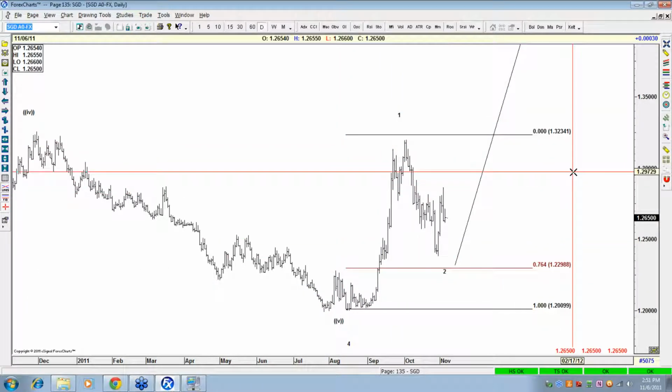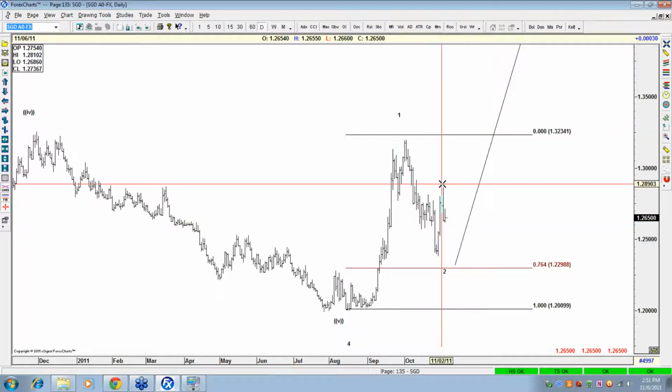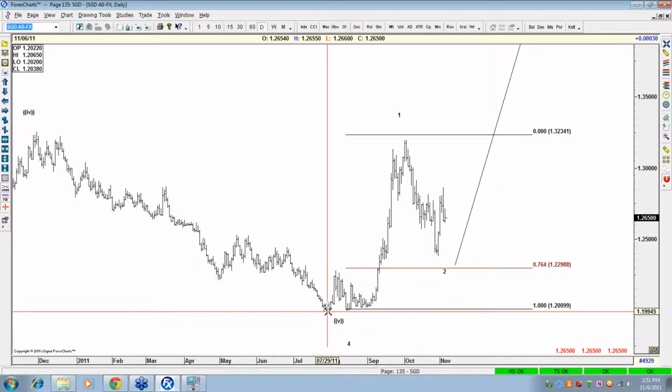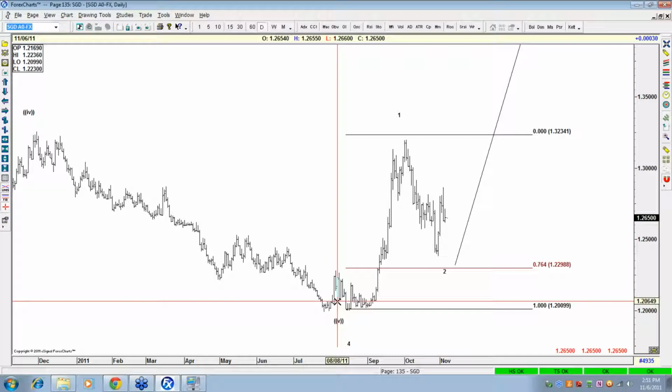The only thing that can happen is that this is A and we are in a flat, and then it's going to go to 123. But I think that this is a bottom in this pair with 95% assurance. So that's why we are still favoring the idea of the 1-2 on the US dollar and in the dollar. Why? Because we trade based on market correlation, not on only one single pair.